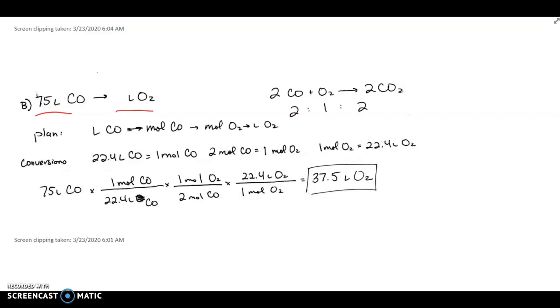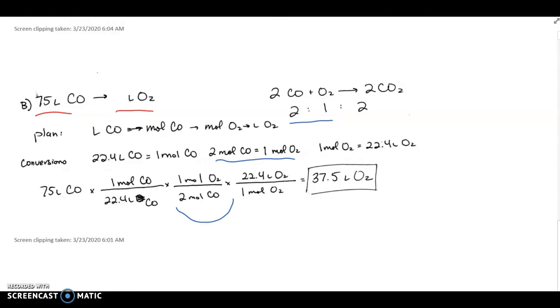This one we're going CO to O. So we have our mole ratio right here. That's what we're going to be looking for. And actually, I should have done that in blue instead. And so that's this one here, and then this part right in here. That's where we get that from.